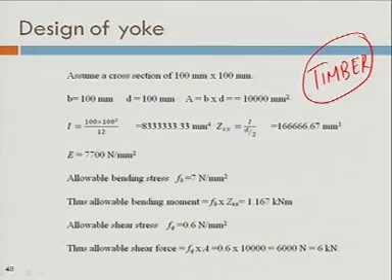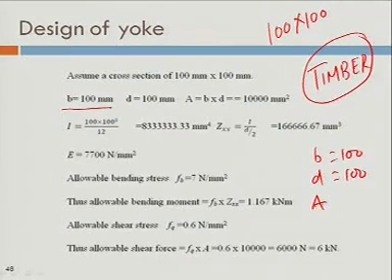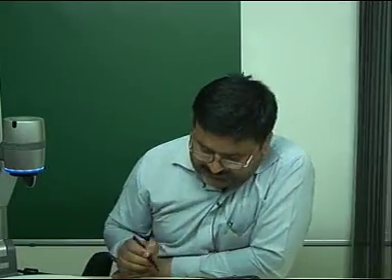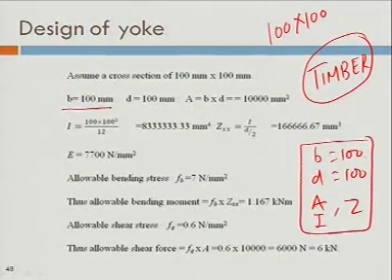So let's say for yoke you are trying to use this 100 by 100 cross section. For this you can calculate some sectional properties. B is 100, D is 100. Can you calculate the area? Can you calculate the I? Can you calculate the Z? For this cross section, B of 100 millimeter, D of 100 millimeter, can you calculate A, I and Z?